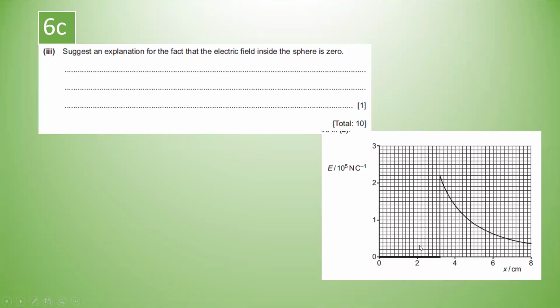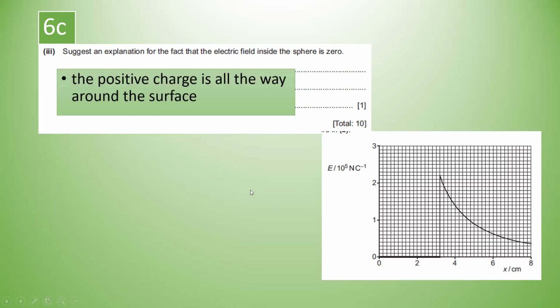Suggest an explanation for the fact that the electric field inside the sphere is 0. Okay? That charge placed inside the sphere is pulled equally in all directions.